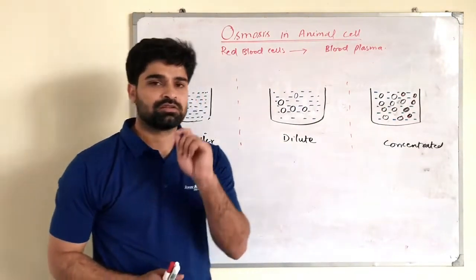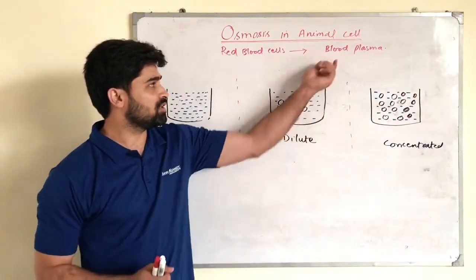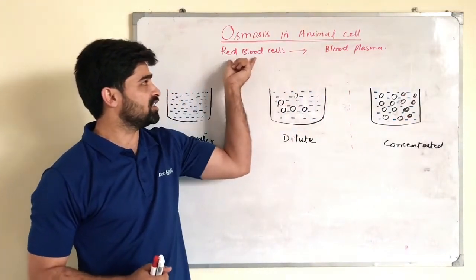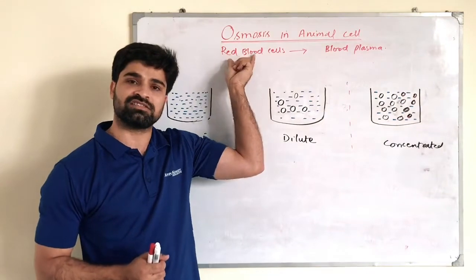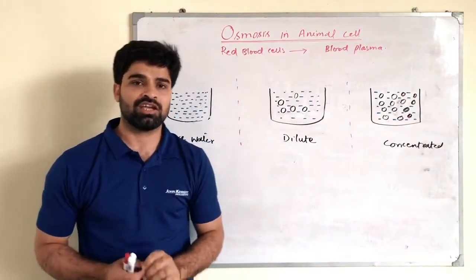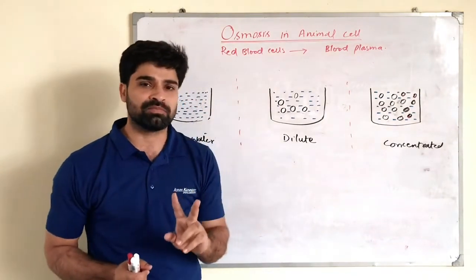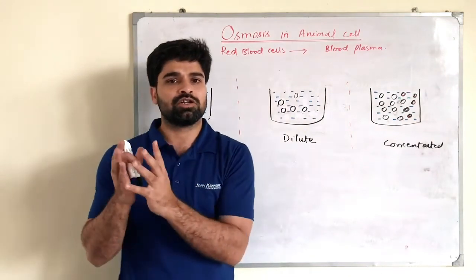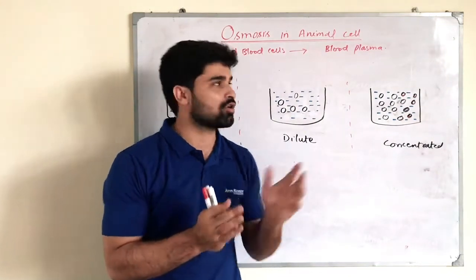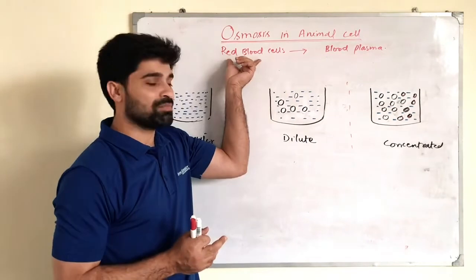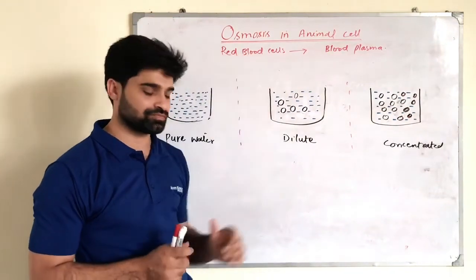That means the water potential in the blood plasma and inside the red blood cells is the same. If they are at equilibrium, no osmosis occurs across the membrane of the red blood cells.